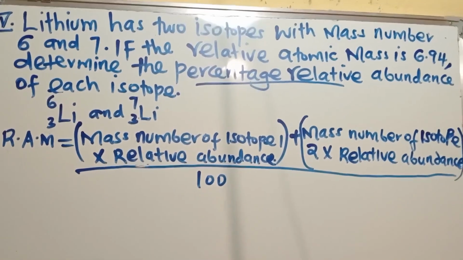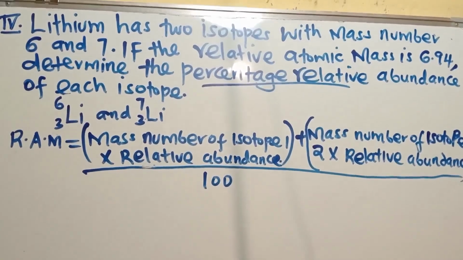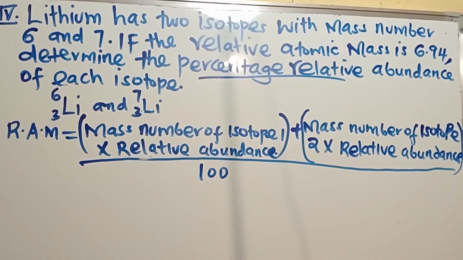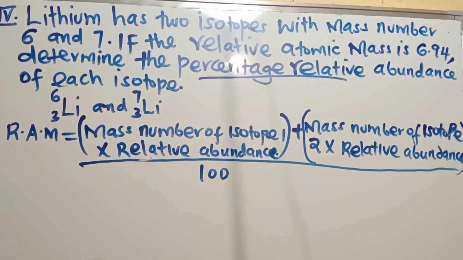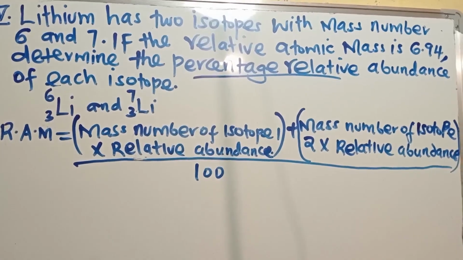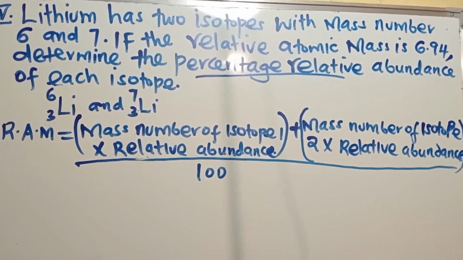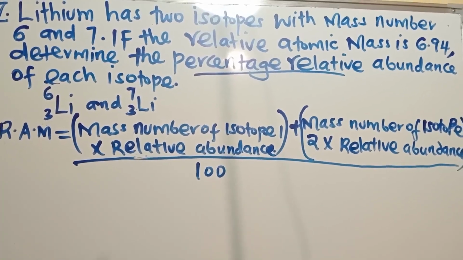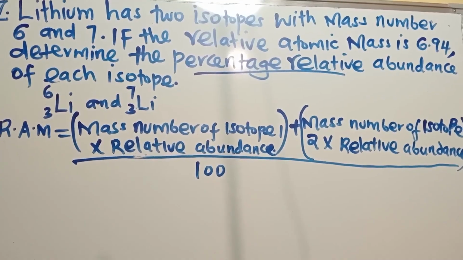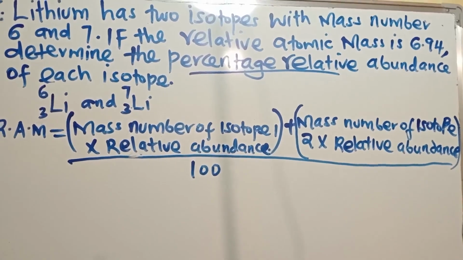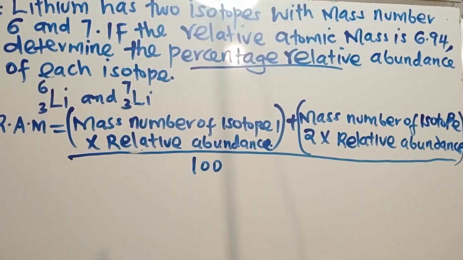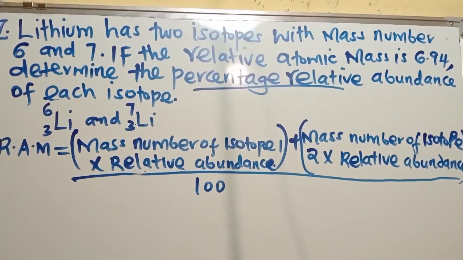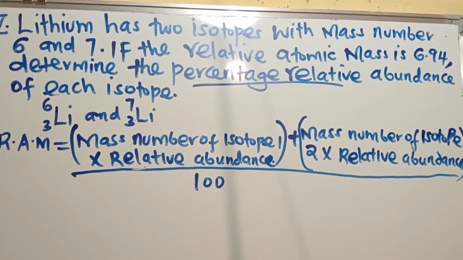For example, the relative atomic mass is already provided, 6.94. Mass number of each isotope is also provided. For the first atom, it is lithium 6, so 6 is the mass number for isotope 1. Mass number of isotope 2 is 7. So what is not provided is the relative abundance, and that is actually what is needed in the question.